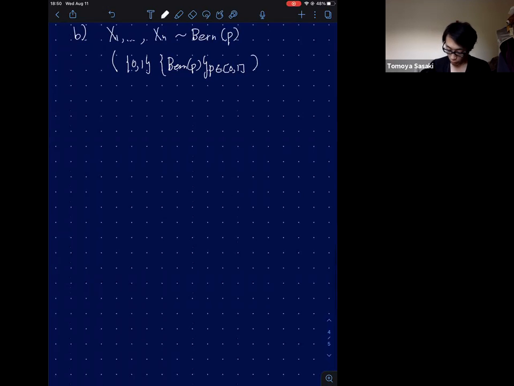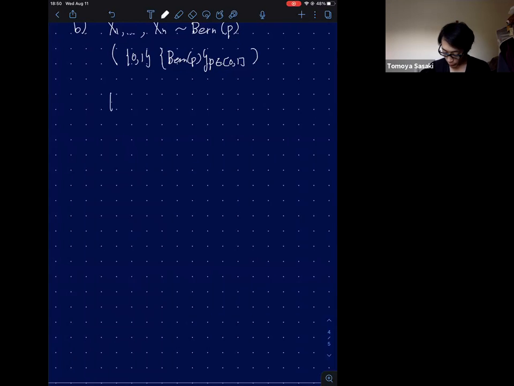So here, let's look at a particular example. We have X1 to Xn, which are Bernoulli, and the parameter space is 0 to 1.